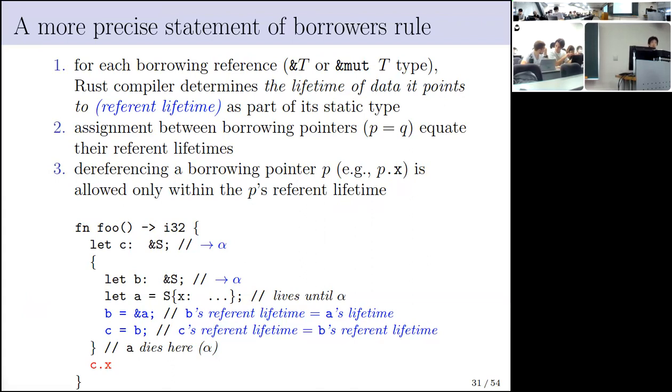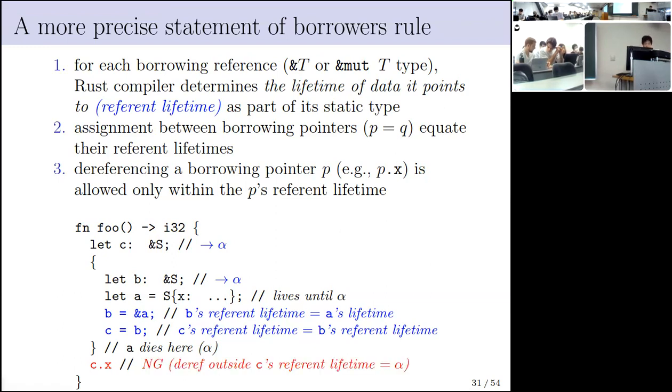It assigns a reference lifetime to each borrowing reference, and for each dereferencing expression, it determines whether this expression appears inside or outside its lifetime. Is it clear? If you have any questions, please ask. This is a somewhat more formal, though not exactly formal, description of how this borrowing rule works.